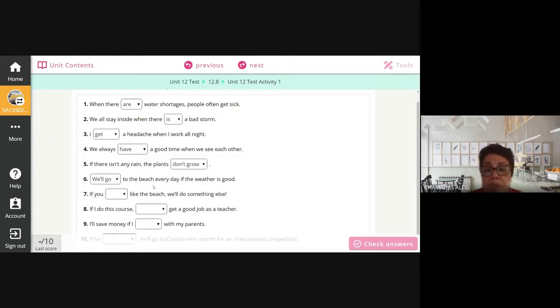Okay, probably they are going on vacation. They are traveling and they are thinking, we'll go to the beach every day if the weather is good. They are talking about a situation that will happen in the future if the weather is good. Okay? So here, simple future, simple present.